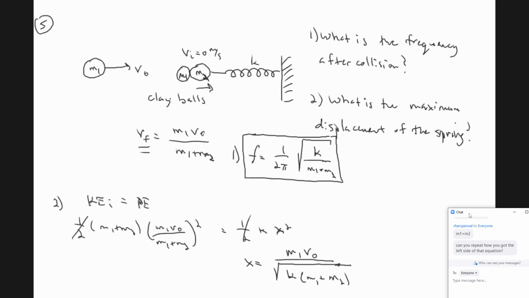I just use kinetic energy, right? After they collide with each other, the two masses are going to stick, m1 plus m2. And when they stick, it has some kinetic energy at the end of that collision, right? So then I just use my 1/2 mv squared, and that's your kinetic energy. And then I converted all that kinetic energy to potential energy. And since the masses stick, we just add up the masses.